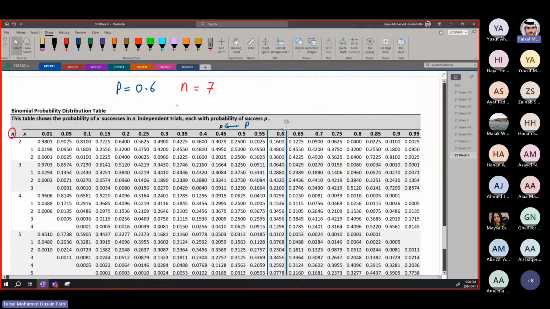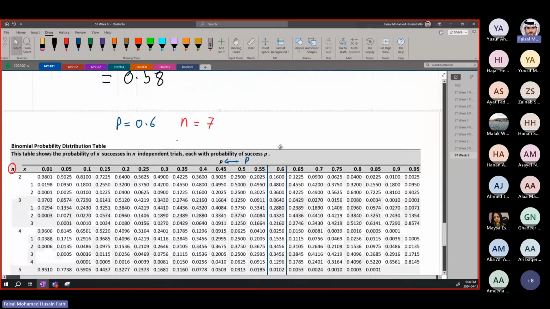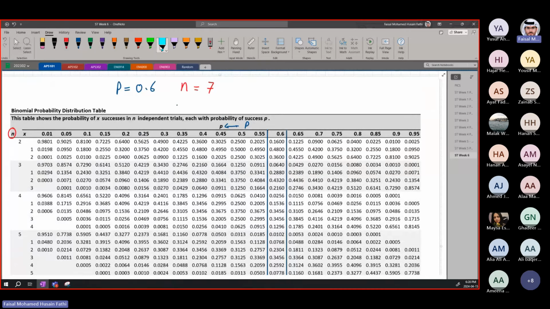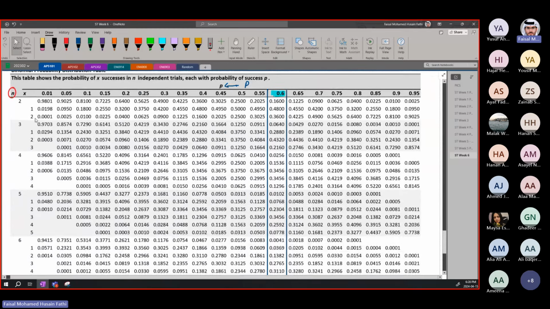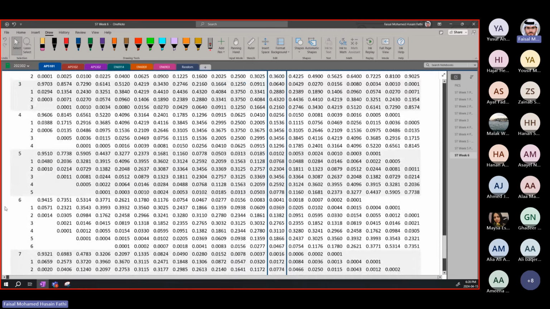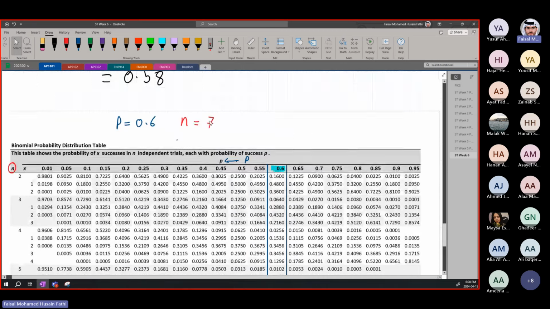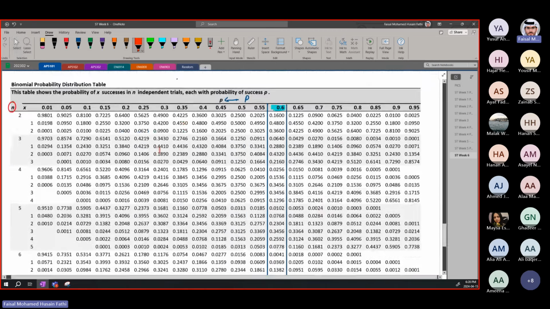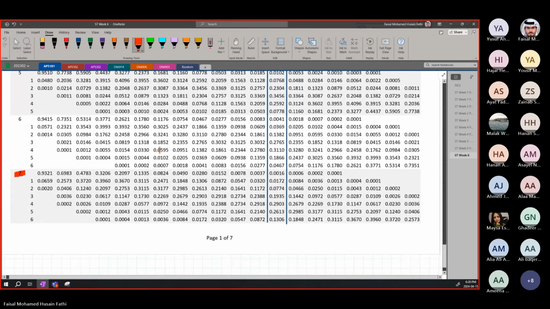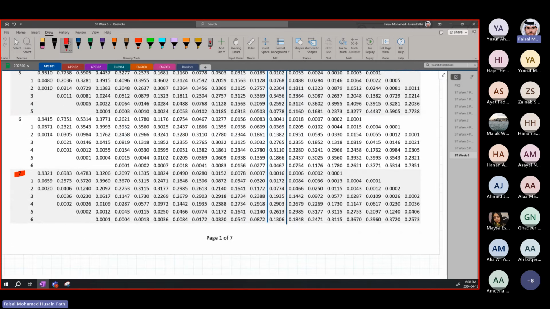We know the value of p is 0.6, so this is the first thing we determine, because here it says 0.6. Now we're going to look at our n. When n is equal to 7, so here it says 2, 3, 4, 5, 6. This is 7. So we're going to be looking at 7, somewhere between these values.